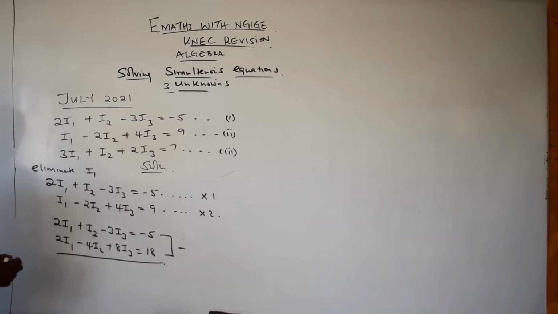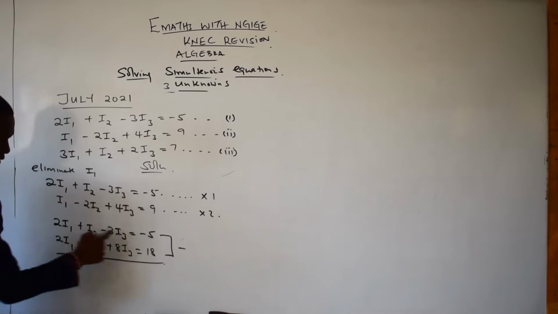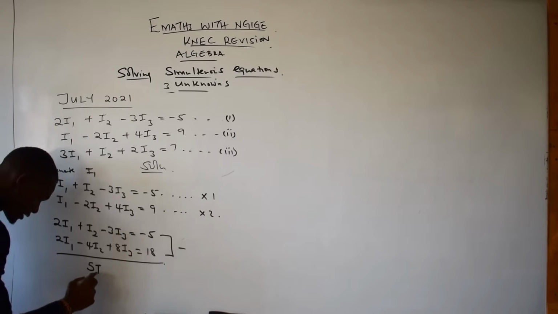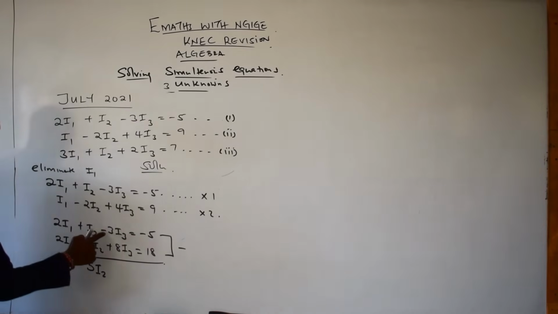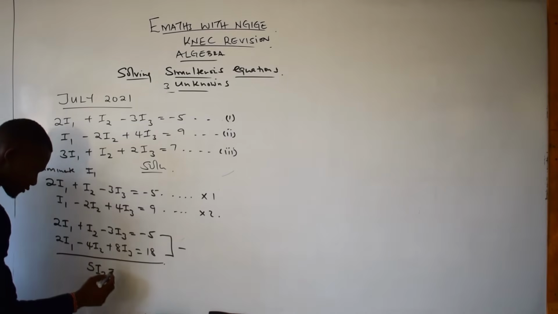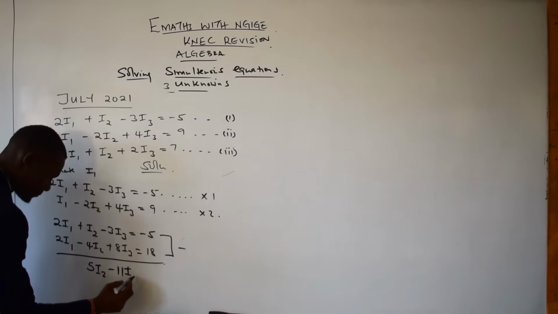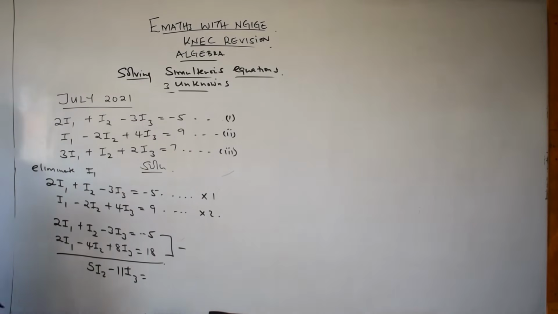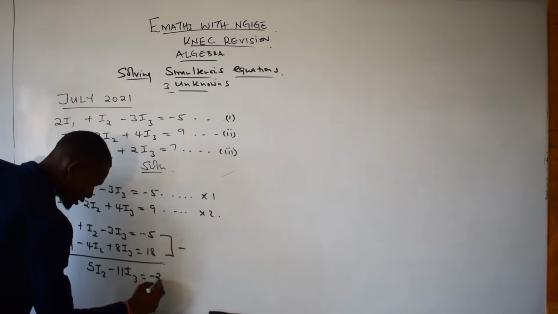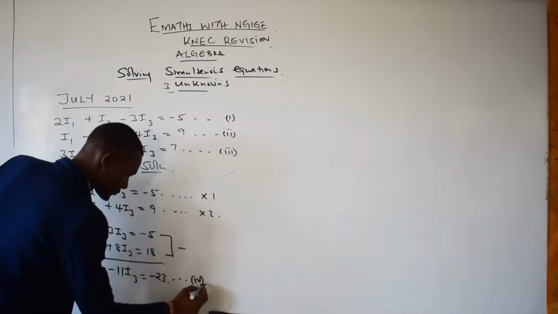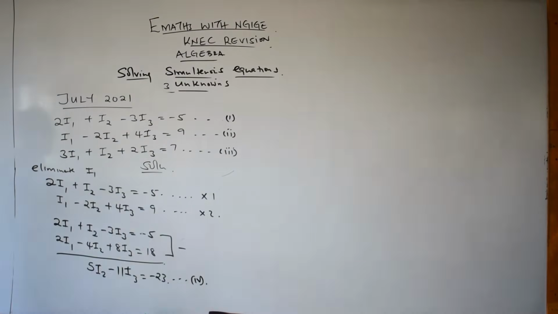So 2I1 becomes 0. Now you have 1 minus negative 4, we get 5I2. Then negative 3 minus 8 gives you negative 11I3 equals negative of 5 minus 18. That gives you negative of 23. So that is equation number 4.